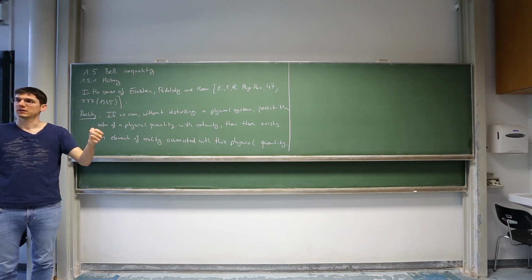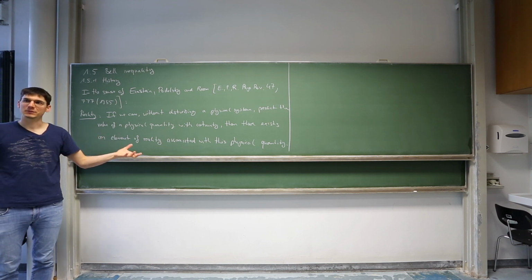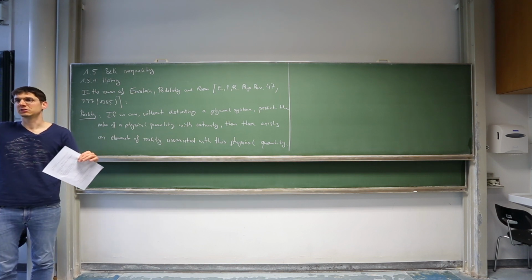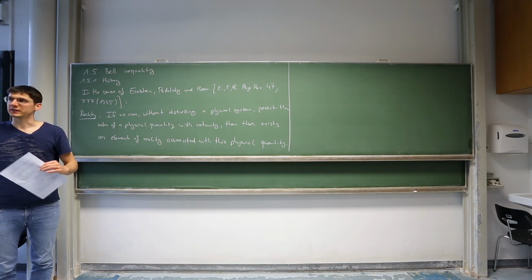So the spin is not only something in our abstract formalism, but you connect it to something that is living in reality. And what's living in reality is what they call an element of physical reality.